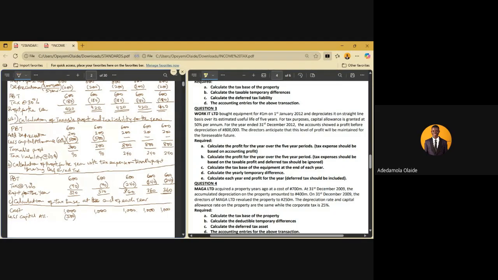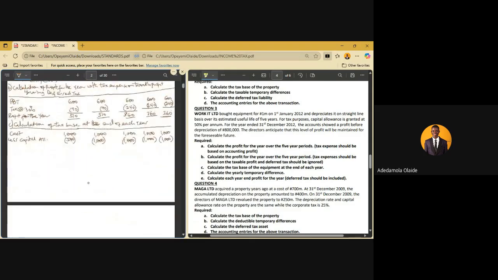Year 2, they've charged another 500, it will become 1 million. But after year 2, there is no capital allowance again, so it will just remain at the same 1 million. So that will give us the tax base in year 1, 500, in year 2, nil, in year 3, nil, in year 4, nil, in year 5, nil. That's for the tax base.